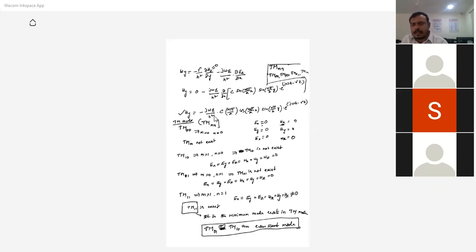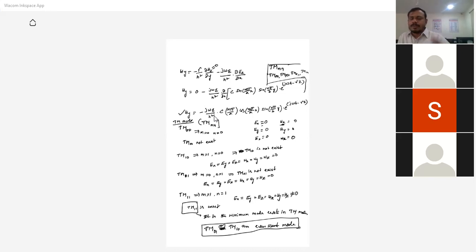We did this now for TM mode: Hz is equal to 0, and we have the expression for Ez, Ex, Ey, Hx and Hy. Suppose for the TE mode the question is: derive the expression for the field components in TE mode for a rectangular waveguide, or TM mode for a rectangular waveguide.